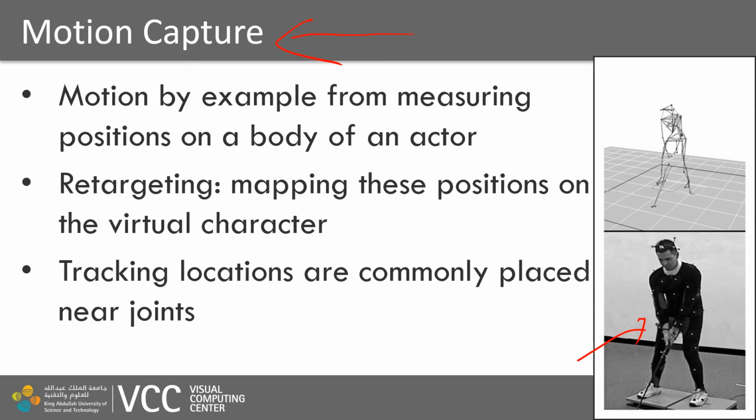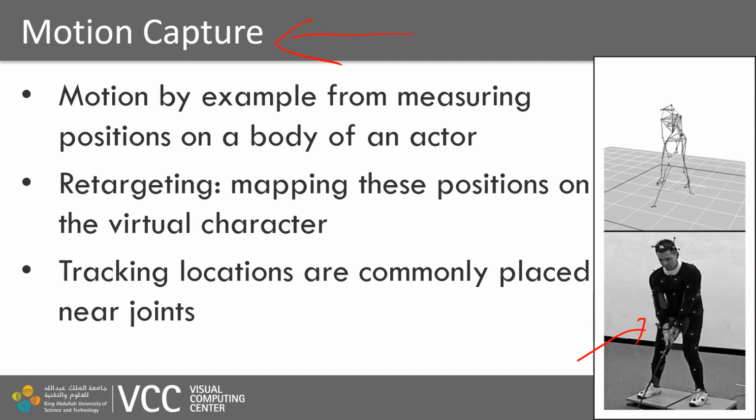And all these balls are recorded, their position is recorded from several cameras, infrared cameras typically, which would then record the motion of these balls, and this motion will be translated to the motion of the limbs and to the orientations of the joints. So it will be remapped from the actual positions on the skin or cloth of the character onto the bones and the joints.